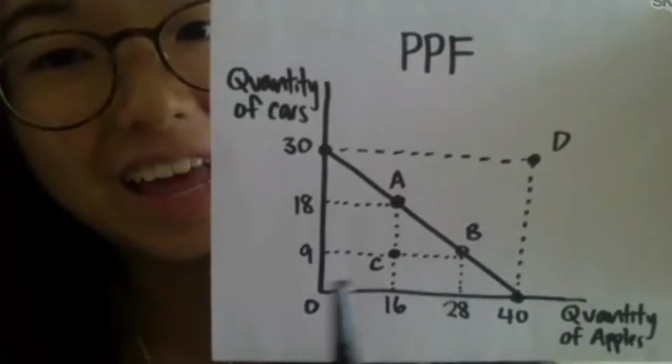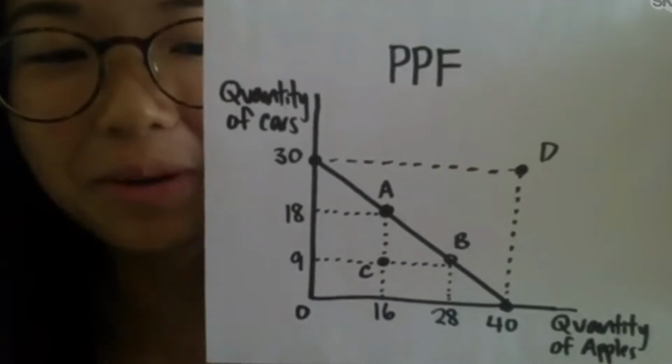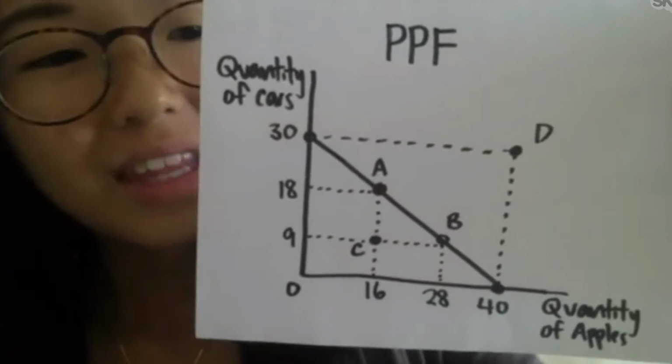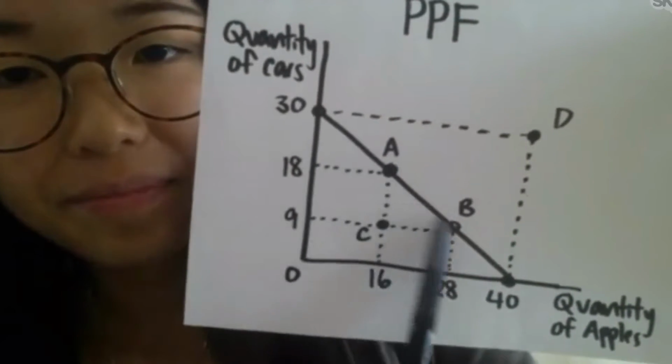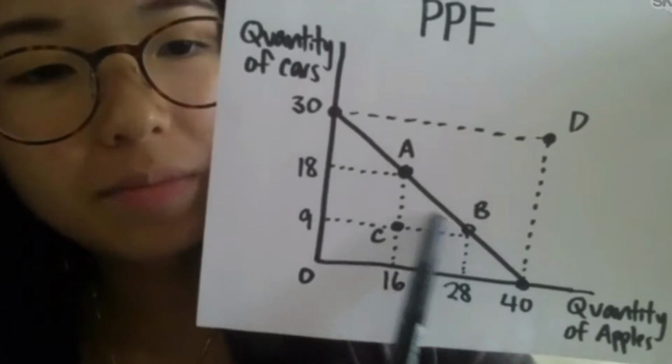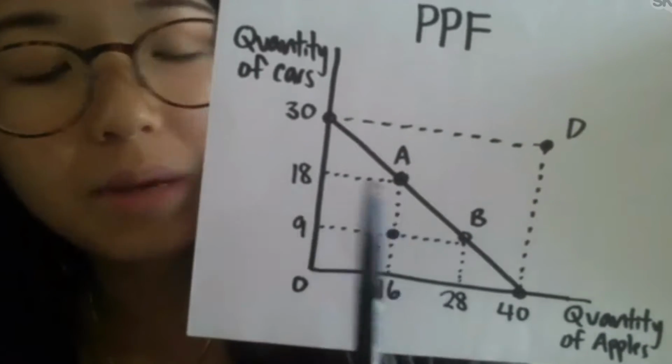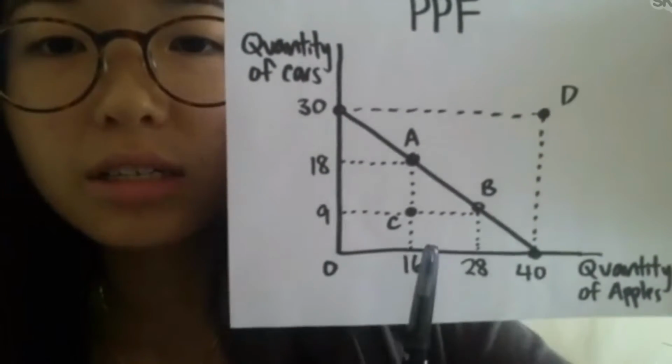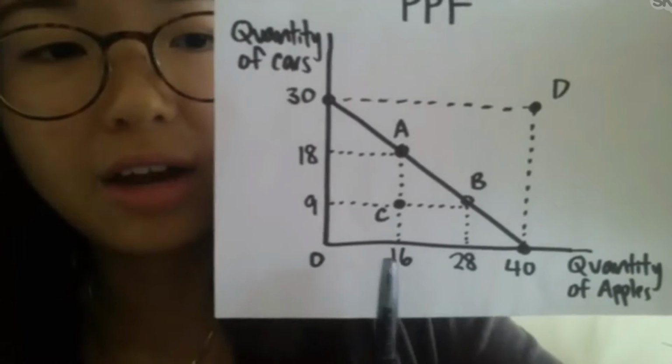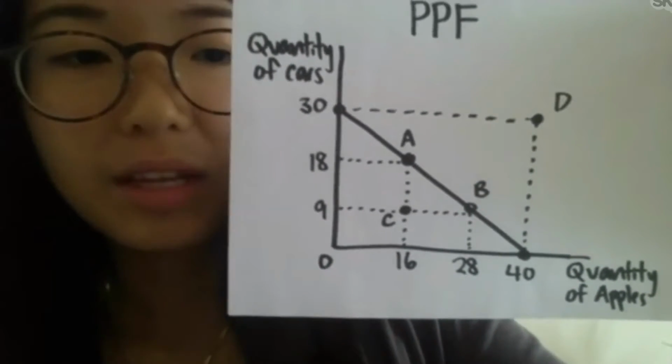Over here you can see that it's the same graph except just with some extra points. Points on the line show the maximum quantity of cars that can be produced given a certain number of apples that are produced, or vice versa.